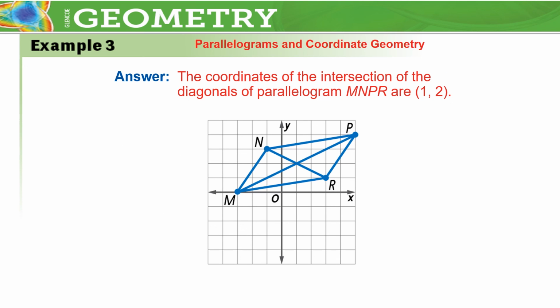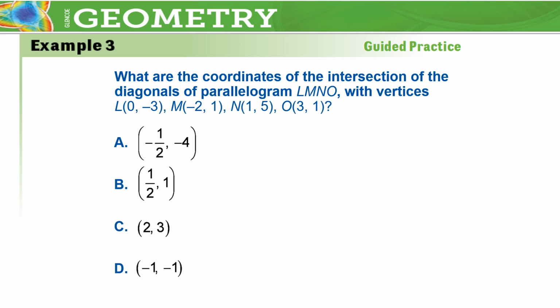You can check by the coordinates. Here, try by yourself. What is the coordinate of the intersection of the diagonals? Your parallelogram is LMNO, so your point of intersection will be the midpoint of LN or MO, as you like.